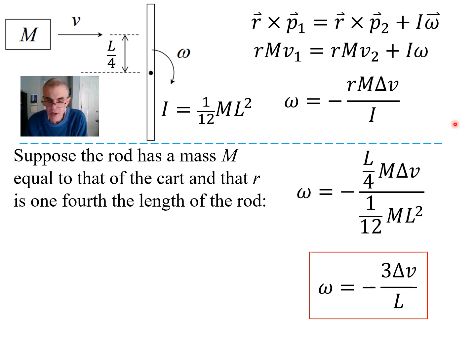Dividing by the length of the rod in our final answer, we have this final answer that shows an inverse relationship with L. And that makes sense. If the rod were longer, it has greater rotational inertia. So kind of makes sense to me that it would spin slower if it has more inertia.